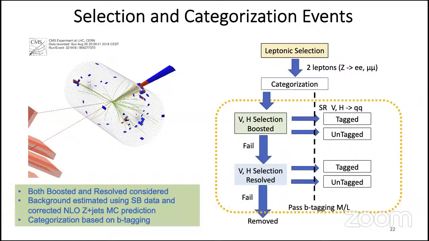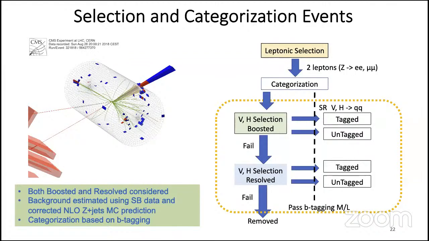So we start with the electron selection, two electrons coming from the decay of the Z boson. After that, we apply the boosted selection. If the event fails the boosted selection, we apply the resolved selection, and so on. If the event fails the selection, it is removed.